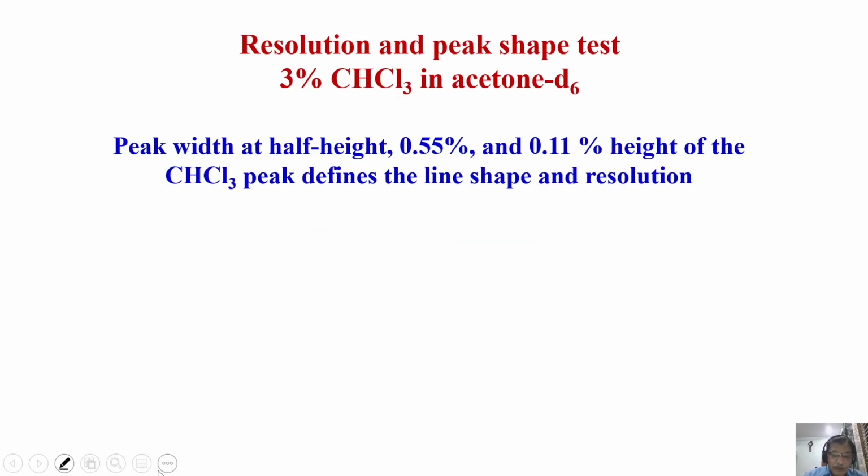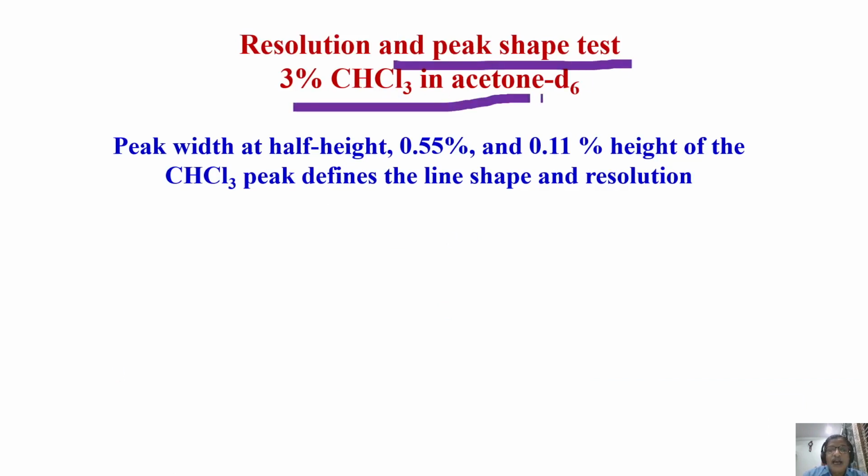Next, I want to tell you something about resolution and peak shape test. I do all sorts of tuning, shimming, everything. I get a peak. But how do I know I have got a very good resolution and my peak shape is correct? Not only should you get a resolved peak, you must get a perfect peak shape like a Lorentzian.